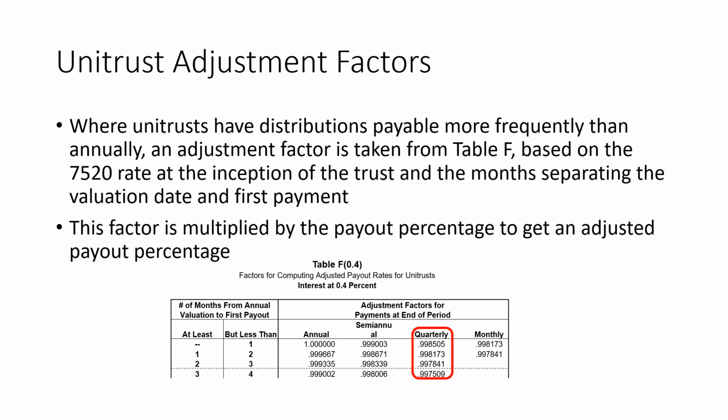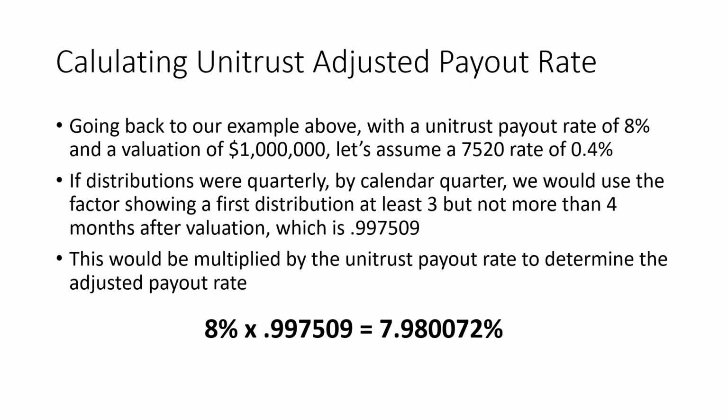So you see I've circled the quarterly distributions, and really what we're going to be concerned with is the last factor on that list, which will be at least 3 but not more than 4 months that elapse between valuation and distribution. That'll be your adjusted payout percentage. You'll take that factor and multiply it by 8% to get your adjusted Unitrust payout rate.